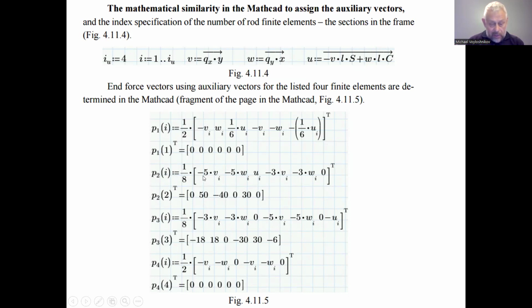And so the first three components of the vector of the end reactions are -5 by v, -5 by w, and u. This is the same as we have here, but with another sign.